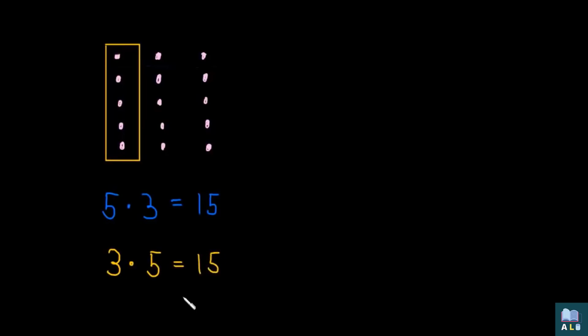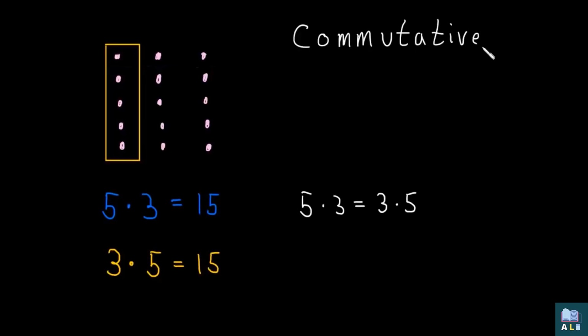So again, the important thing here is that 5 times 3 is equal to 3 times 5. And there's nothing special about 5 and 3. This works for any two numbers. So this is the commutative property of multiplication.